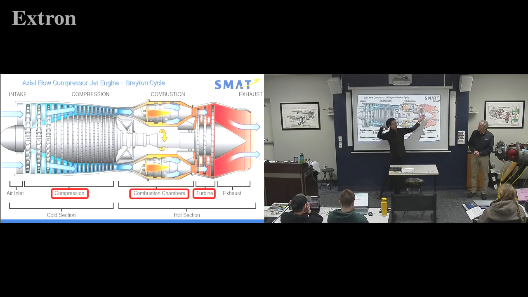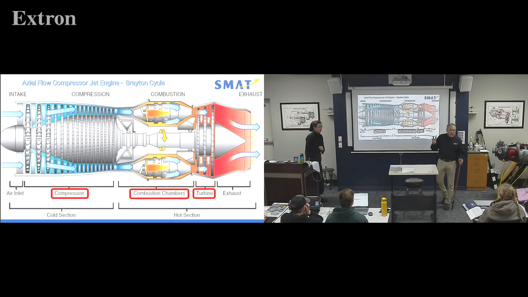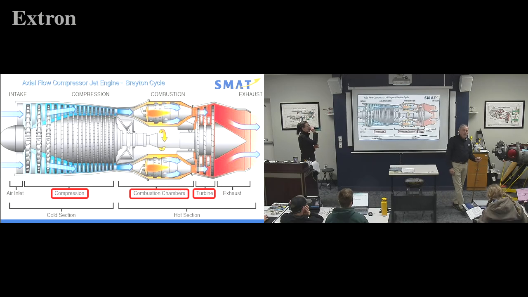The turbine is extracting that energy and turning it into useful mechanical energy to drive the compressor. So compression, combustion, turbine, know those 3. Those 3 are gonna be common in every turbine engine, whether it's a jet engine, a turboprop engine, whatever it may be, that uses a turbine. That's a test question too, you're gonna see that. But those 3 are applicable to every turbine engine, yes.